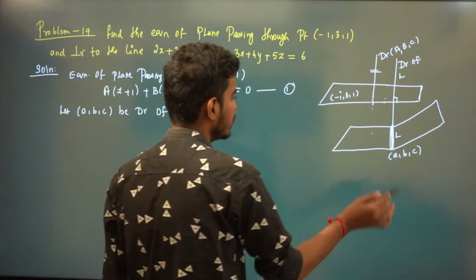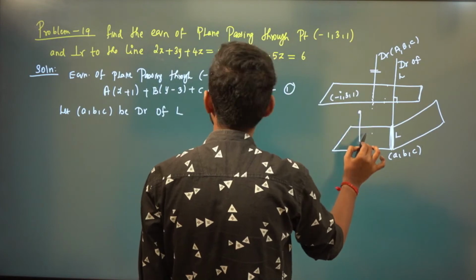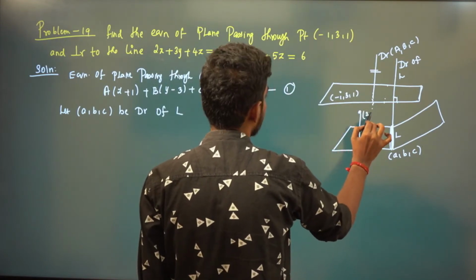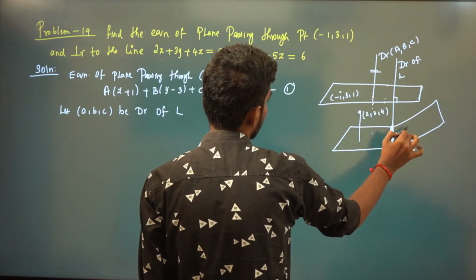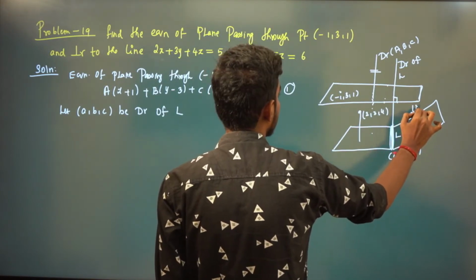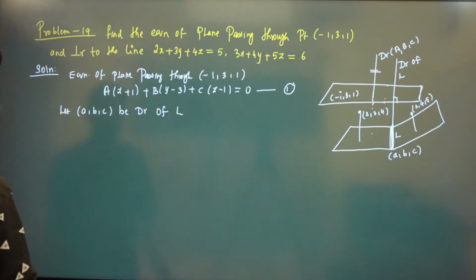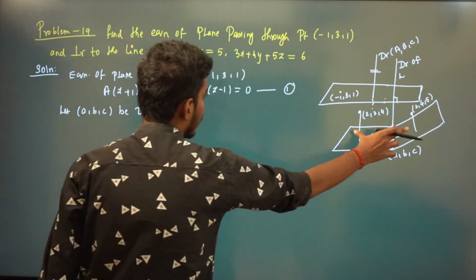And let's make use of the previous concepts, right? So the first plane has normal direction ratio 2, 3, 4, and this plane has normal direction ratio 3, 4, 5. So to find the direction ratio of L, you need to solve these two.